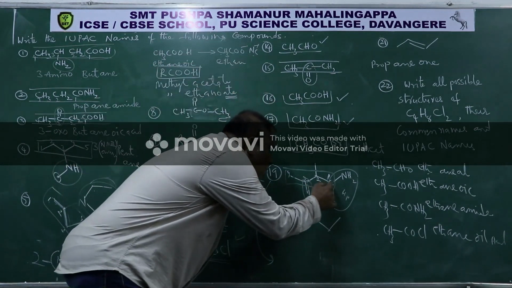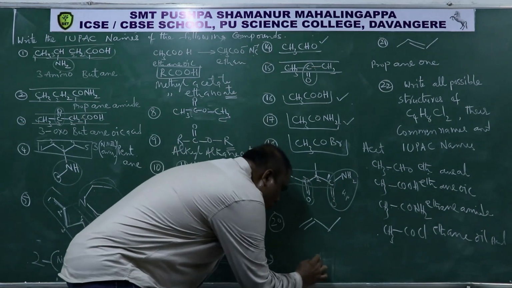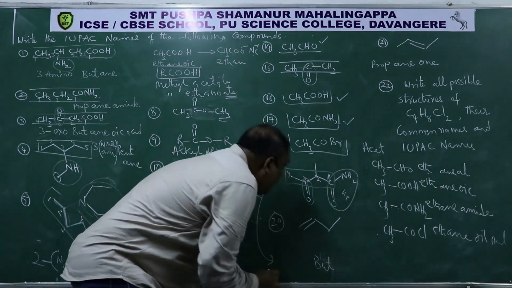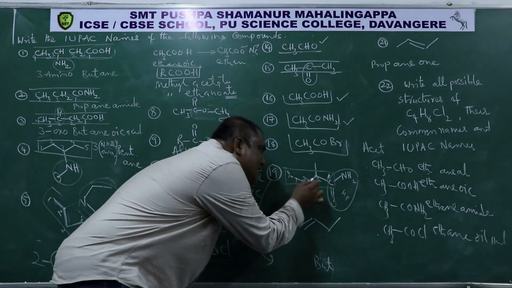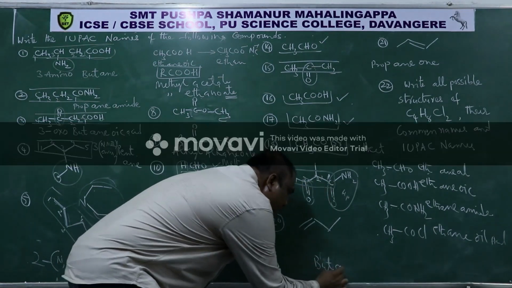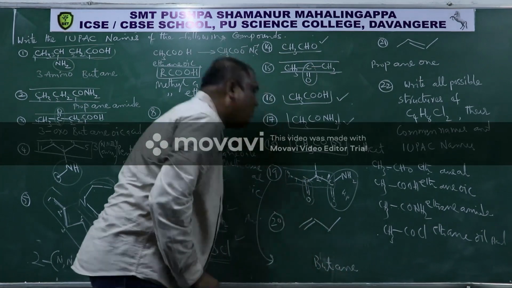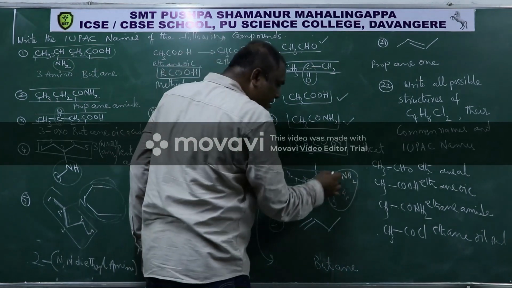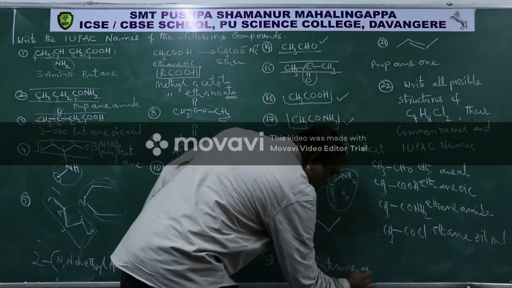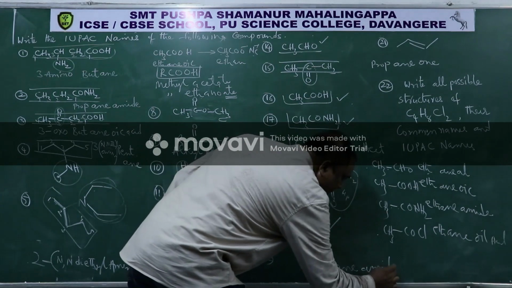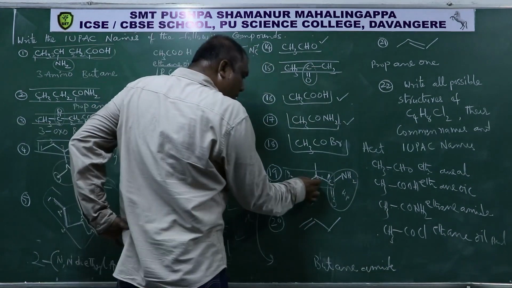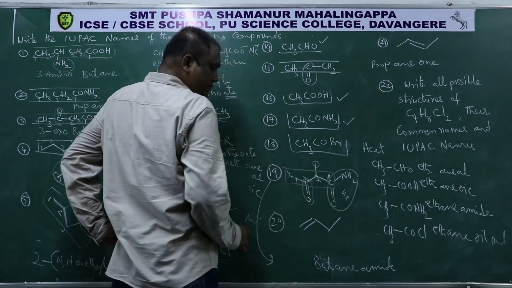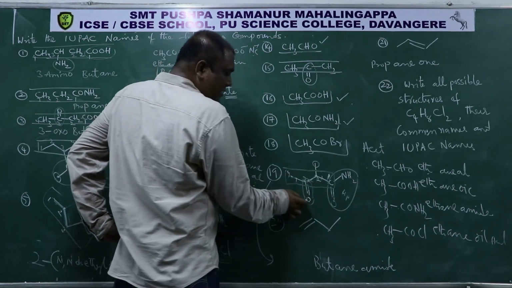Main chain having 1, 2, 3, 4 carbons, therefore root word is but. Between all the carbons in the main chain, the bonds are single bonds. Therefore, primary suffix is ane. And high priority functional group is CONH2, it is called amide. Secondary suffix is amide. Now, at carbon 2, there is a methyl group. And at carbon 3, there is oxo.